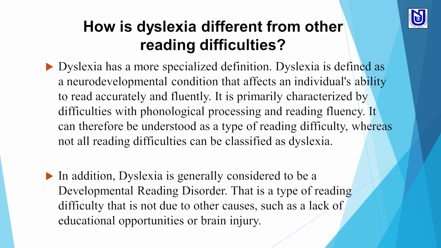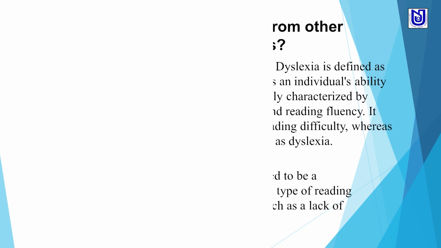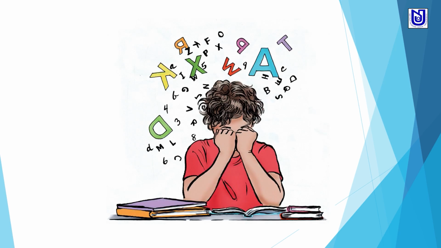That is a type of reading difficulty that is not due to other causes such as lack of educational opportunities or brain injury. Reading difficulties refer to difficulties experienced by an individual in comprehending and decoding written texts.